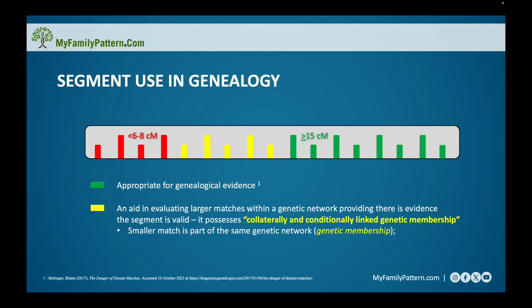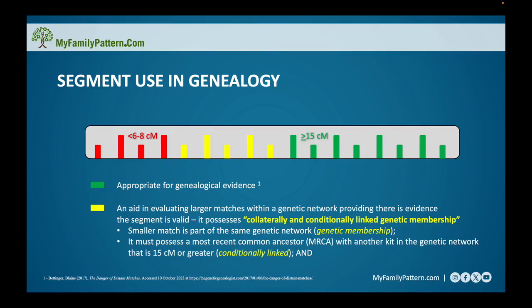In other words, when we look at the shared matches between me, the test taker, and that other large match that's 15 centimorgans or greater, that smaller match should also be part of that genetic network. They should also be matching myself and some of those other matches.